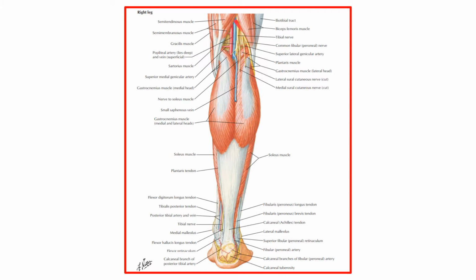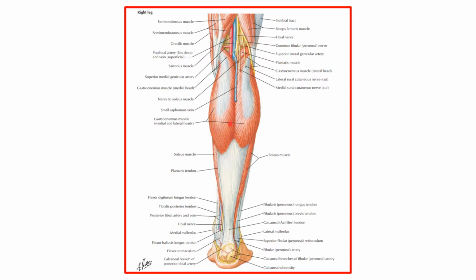It has superior lateral, superior medial, inferior lateral and inferior medial boundaries. The inferior medial and inferior lateral boundaries are formed by the gastrocnemius muscle.